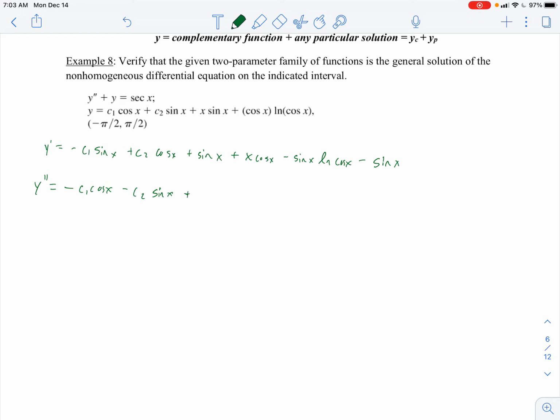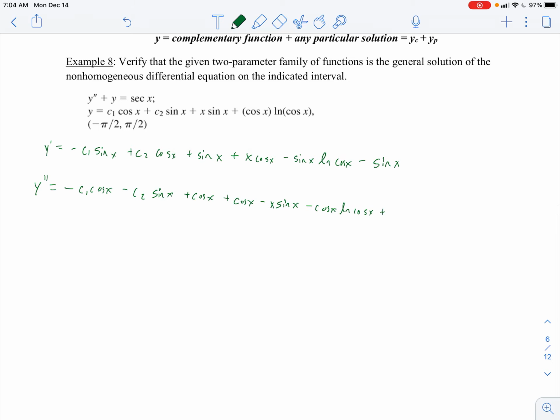Derivative of sine of x is going to be plus cosine x. Plus x cosine x, so plus cosine x. Derivative of cosine x is minus x sine of x. Take the derivative of sine of x, which is going to be cosine x, so minus cosine x, natural log cosine x. I take the derivative of natural log cosine x, which is going to be negative sine, so that's going to be a plus.